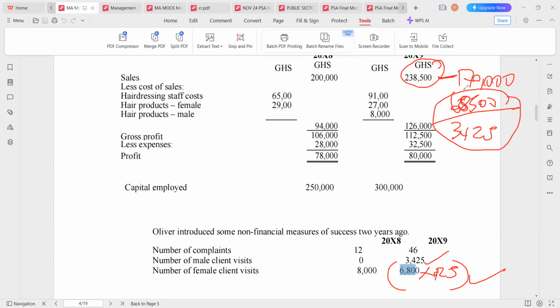So that's 20 cedis. Good. That's all. We are done.